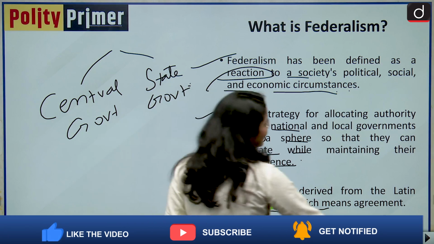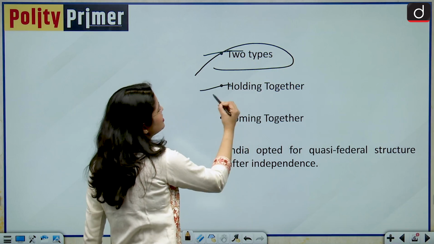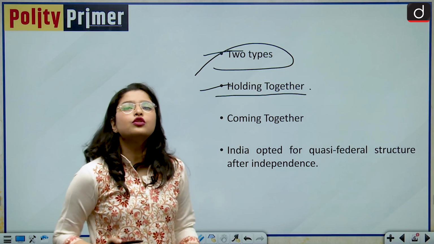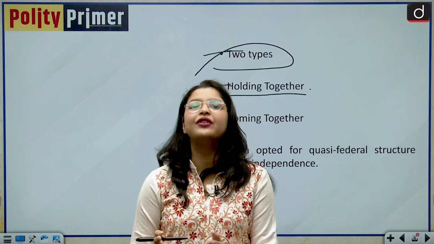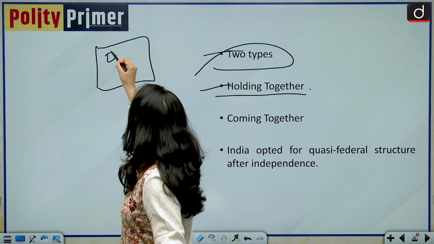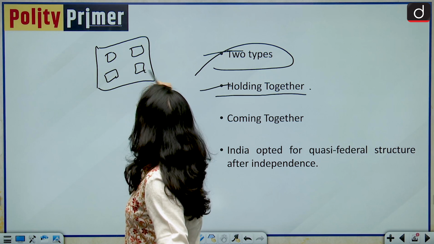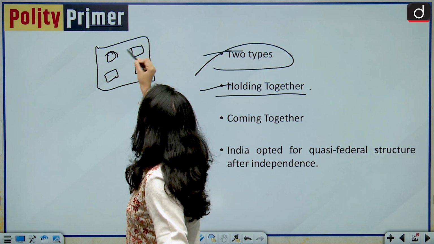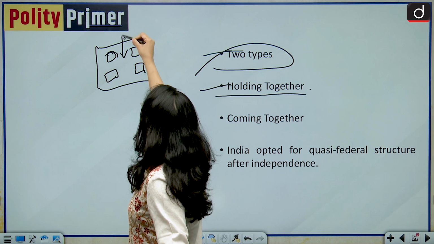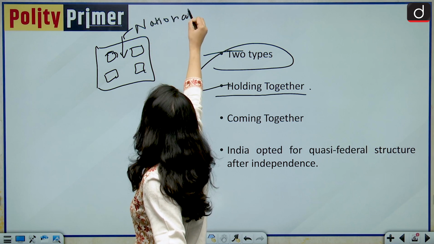Moving forward, there are two types of federalism as we all know. First is the holding together federalism. So, what exactly is this holding together federalism? For example, this is a unit, okay, and there are constituent units. These constituent units are bound by a national unit, okay.